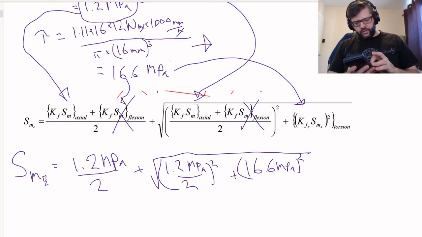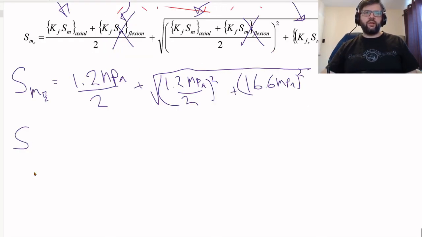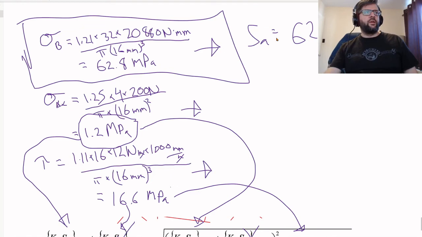So 1.2 divided by 2 squared plus 16.6 squared. Square root of that is 16.61 plus 1.2 divided by 2. So that gives us an SME equal to 17.2 megapascals. And then we got an SA of 62.8 megapascals.